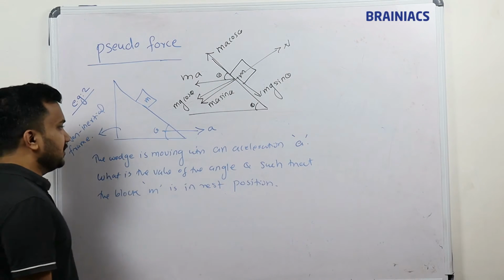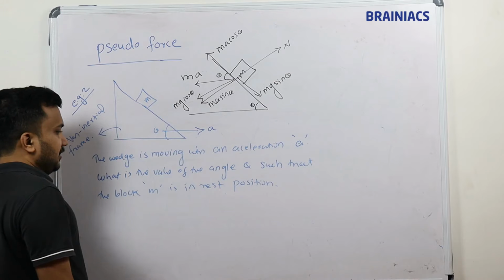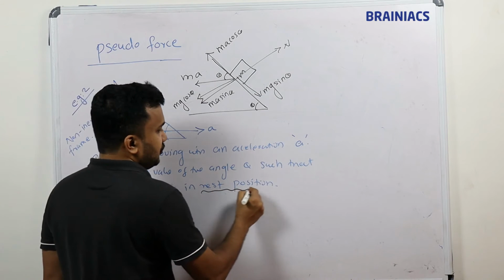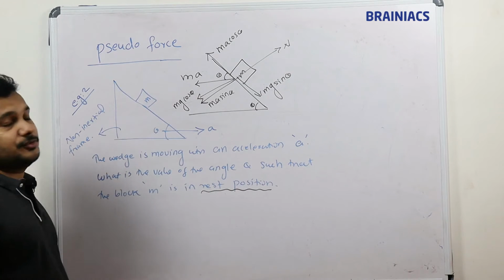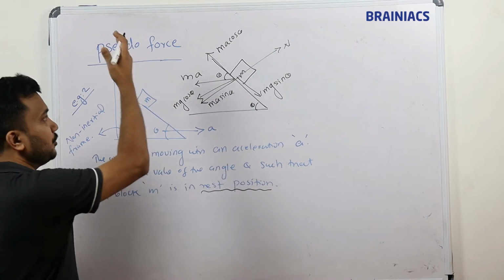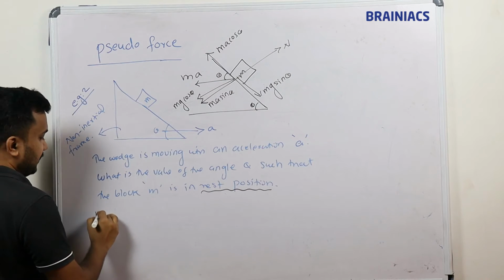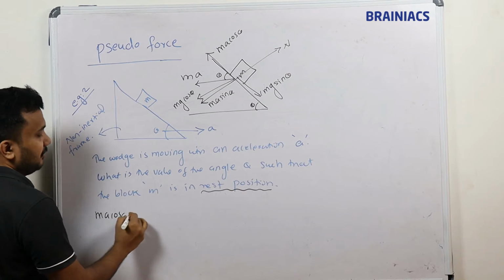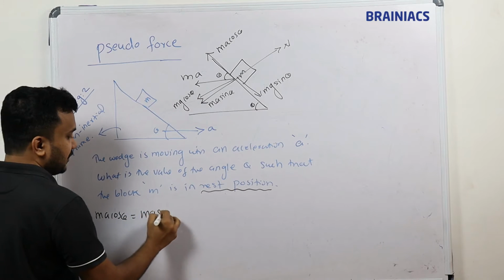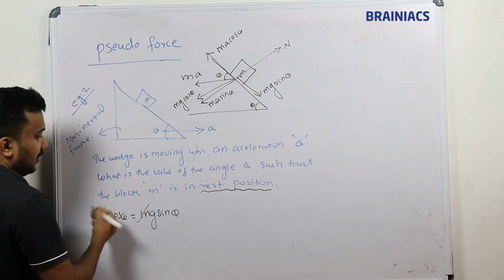Now what is the condition given? The block m is in rest position. Rest position means all the forces are balanced: upward force equal to downward force. So when it is at rest, ma cos theta will be equal to mg sin theta. m will get cancelled.